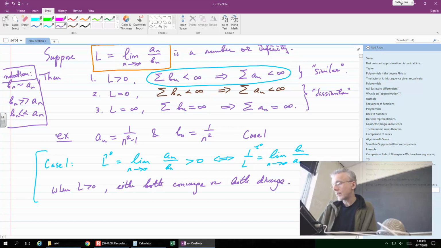So that's truly the similarity. They behave similarly at infinity, and therefore the series that they produce also behave similarly in that sense. Even though the actual values of the sum might be different, they simultaneously make the choice between infinity or not infinity. All right, so I guess I'll stop here. We'll do another example next time.